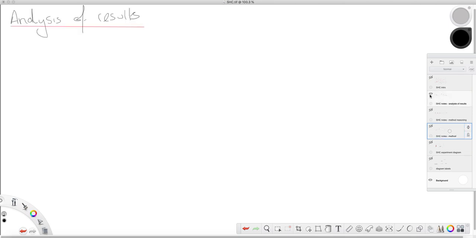Let's look then at the analysis of the results. So we have a starting temperature, and we have a final temperature after the heater's been on for 5 minutes.